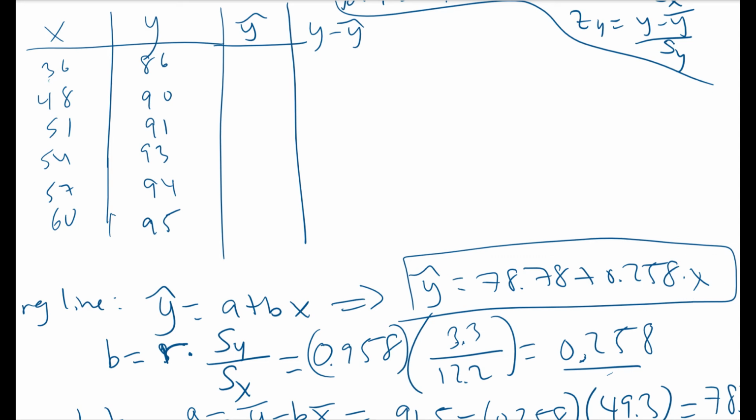So if you plug in 36 into that equation, you're going to get 85.49. If you plug in 48 into that equation, now 91.16. Next one is 91.94, 92.71, 93.49, 94.26. So that's how you do that.